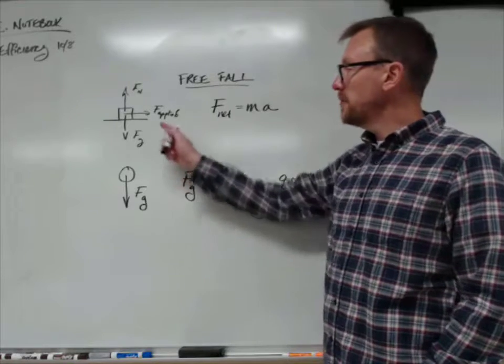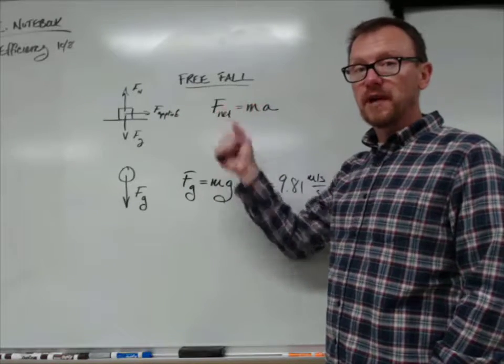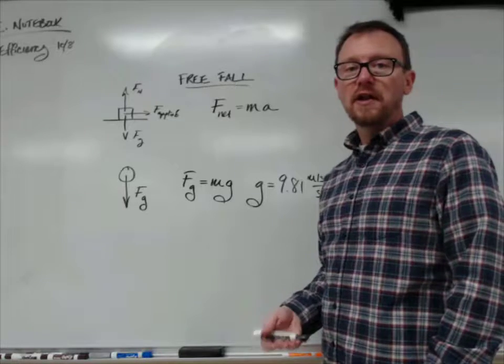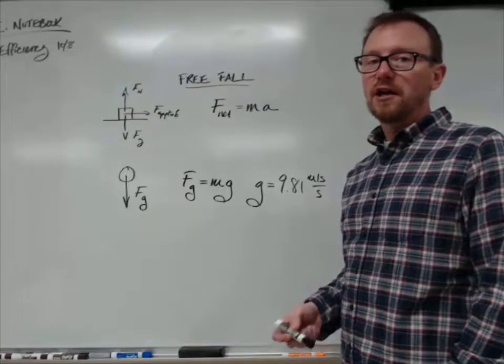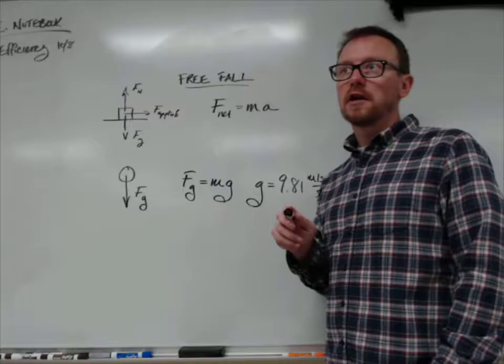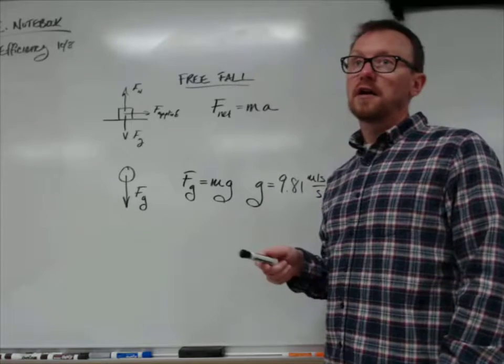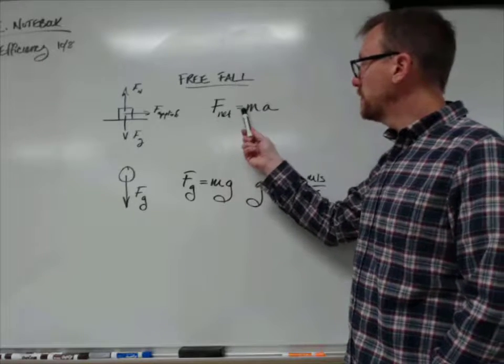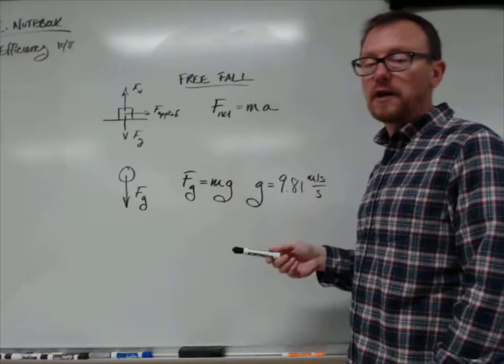But let's say that there is an applied force that's moving to the right. That applied force is not canceled out by anything, and therefore it's a net force. That net force causes an acceleration in respect of Newton's second law. So if we wanted to use Newton's second law to calculate it, we could. The net force is equal to the mass of the object times its acceleration.